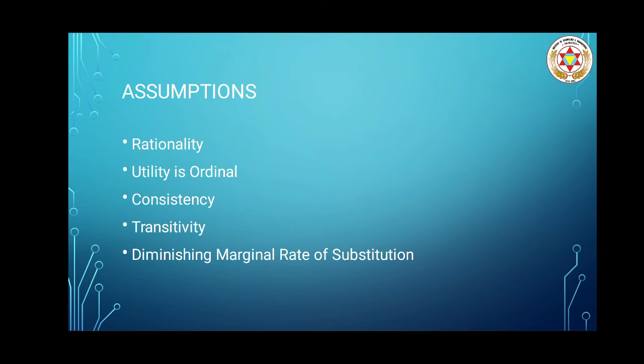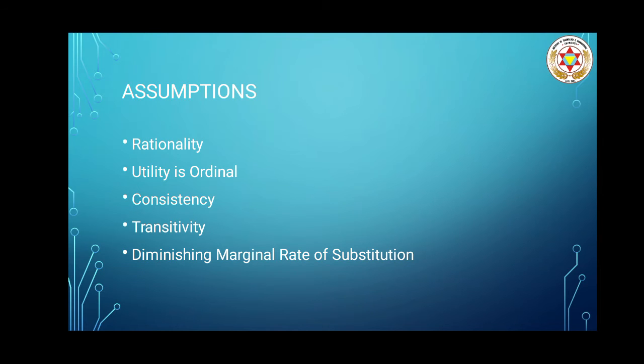The second assumption is that utility is ordinal, that is, a consumer can rank his preferences according to the satisfaction of each basket. The next assumption is consistency. A consumer is consistent in his choice, that is, if at one point he chooses bundle A over B, he will not choose B over A in another period.